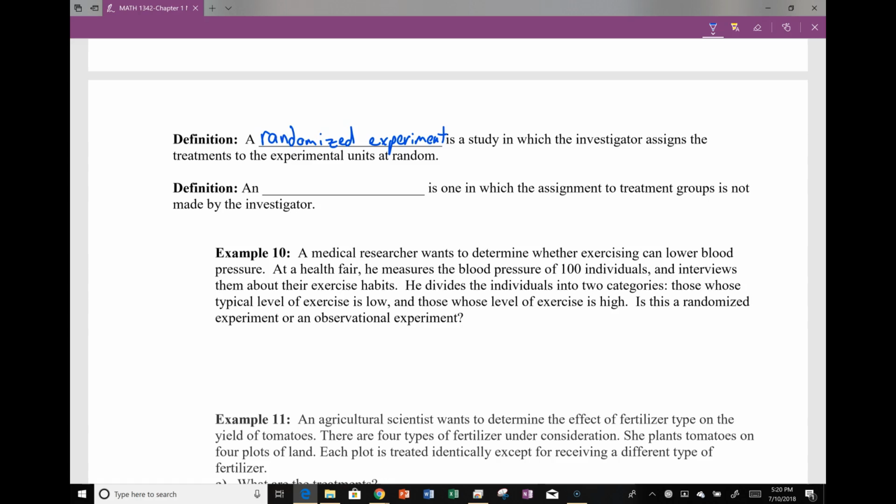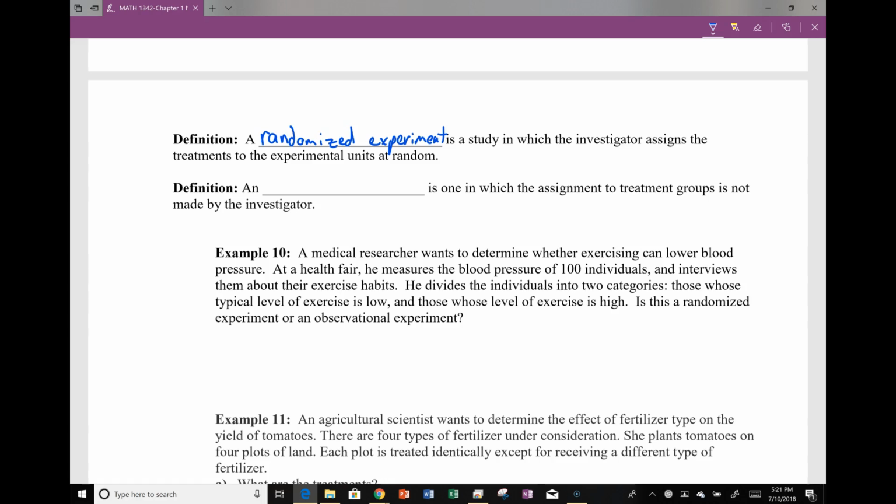Okay, this is whenever we look at medical research and we say, okay, group A is going to receive medication A. Group B is going to receive medication B. We observe the results, but we have selected which group is going to get what treatment. This is where it is called a randomized experiment.